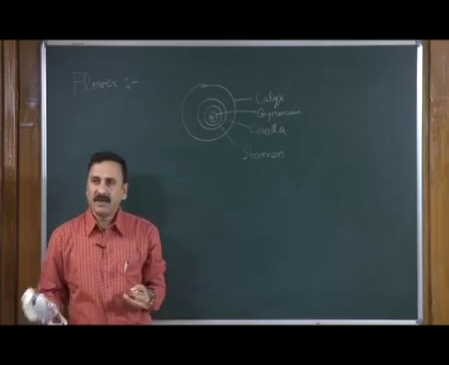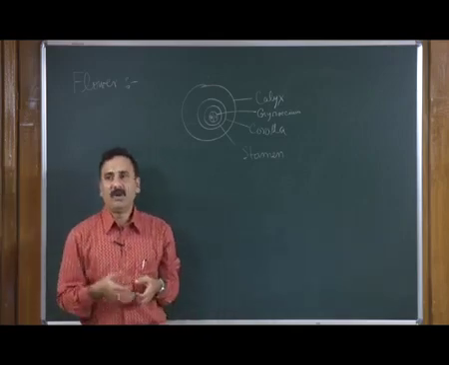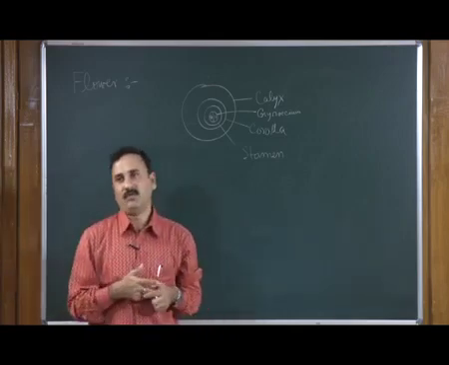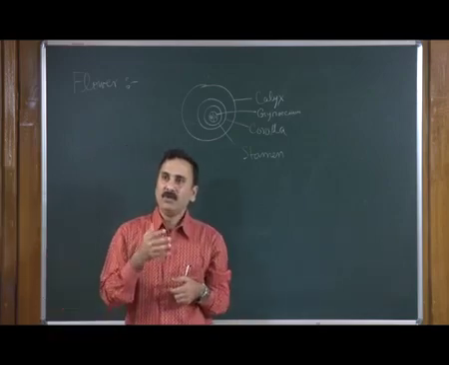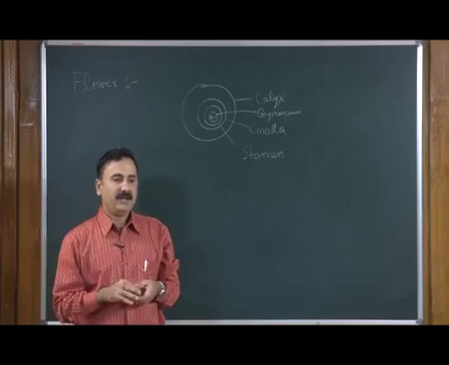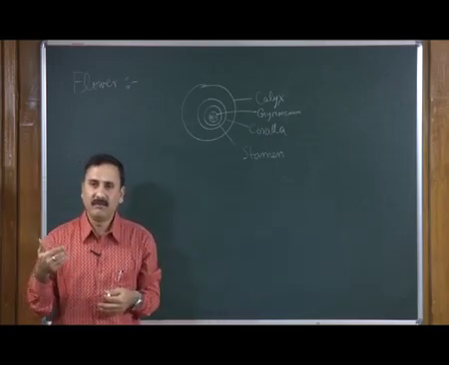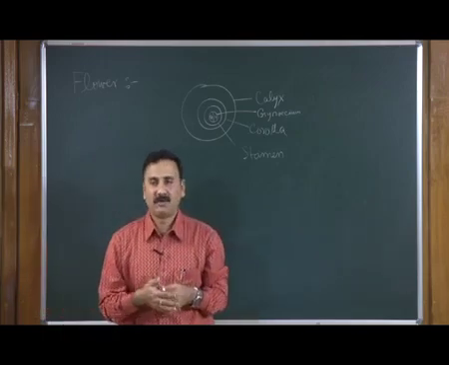For the study of taxonomy or of different flowers, we normally use these two, the formula as well as the diagram, to represent the particular flower, and that helps in understanding the complete properties of that particular flower or family.